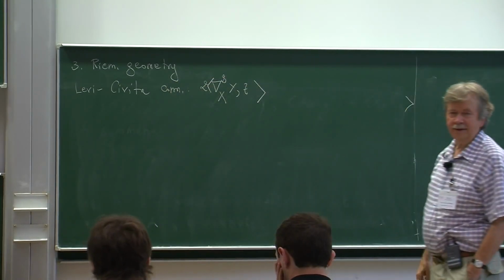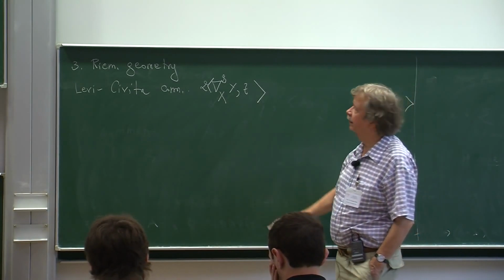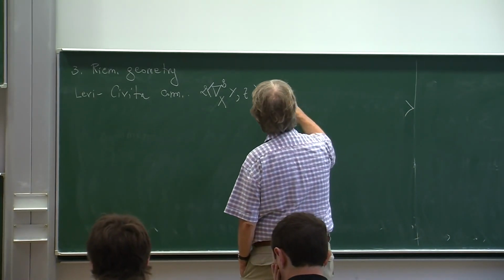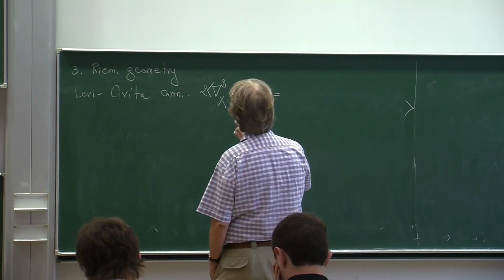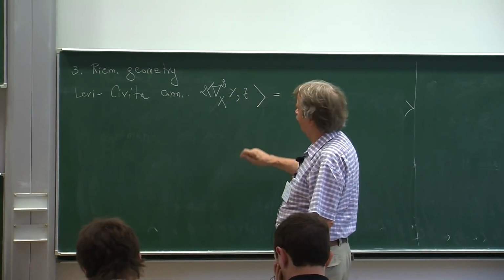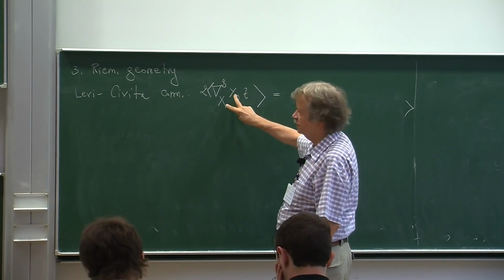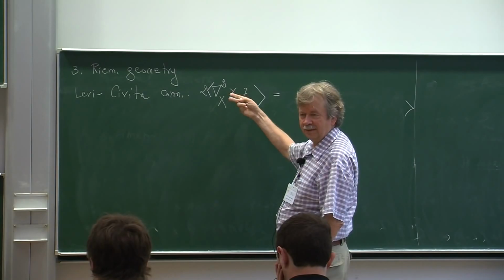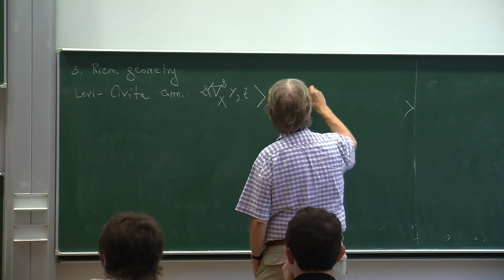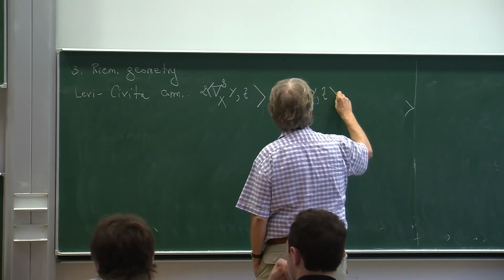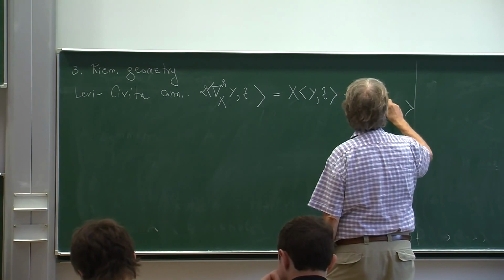So these are three vector fields. You take the scalar product in g at any point, and now you express this differently. This is kind of difficult to remember. What you should remember is that these two are symmetric. You can exchange them. So what you first need is x, y, z, and then you exchange y, x.